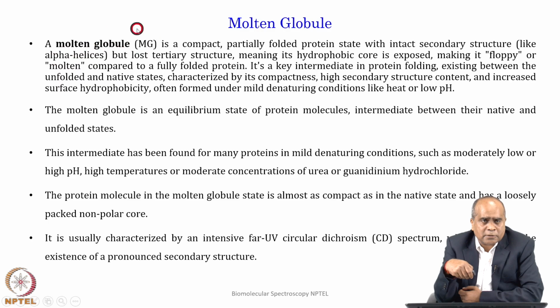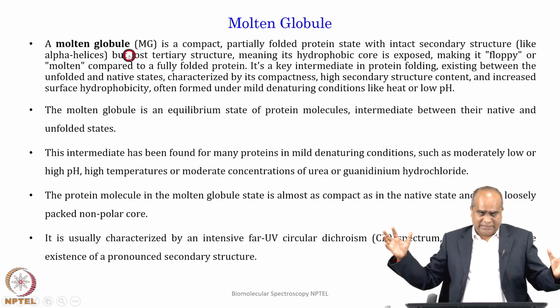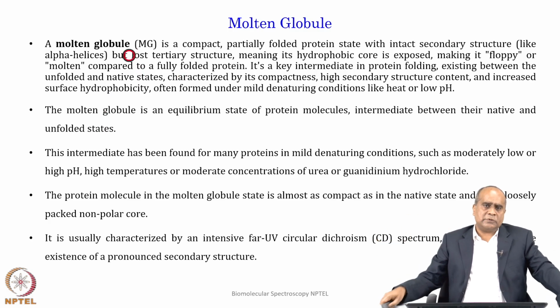This melted globular structure is called the molten globule state, where the secondary structure remains intact, but the tertiary structure is loosely defined, right. So it is a partially folded state where secondary structures like alpha helix and beta sheet remain intact, but it loses the tertiary structure, meaning hydrophobic regions are exposed, and that makes the protein floppy, or molten, or melted. Compared to the fully folded state, your tertiary structure is melted and the hydrophobic surfaces are exposed, and that is a key intermediate in protein folding.